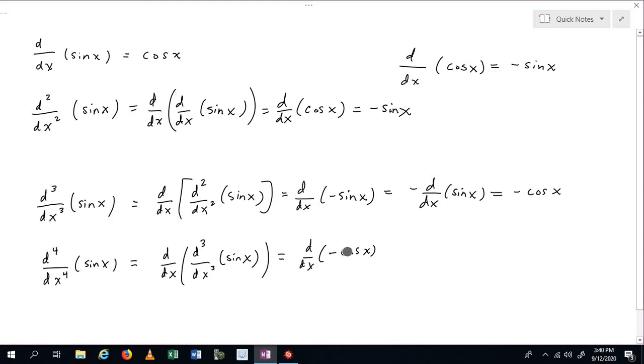So we just need to find the derivative of minus cosine of x, and of course you can pull the minus sign out of the derivative operator. And then the derivative of cosine of x is minus sine of x. And then there's a minus sign in front of that, and so of course that gives you a plus sine of x.